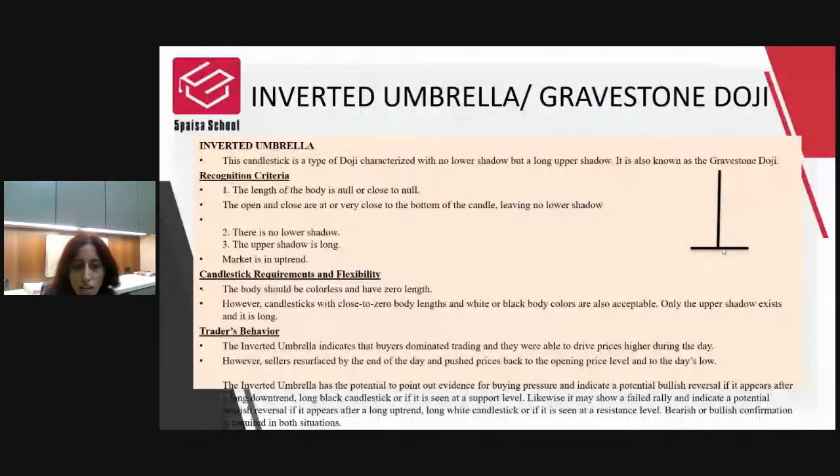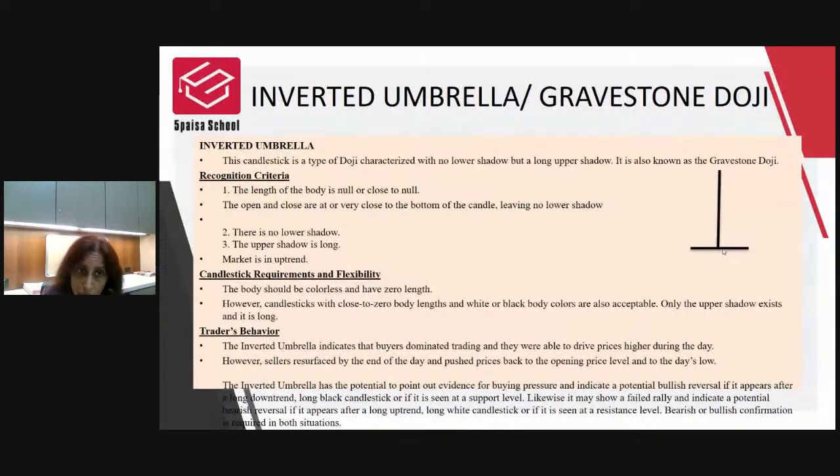So an inverted umbrella has the potential to point out evidence for buying pressure and indicate a potential bullish reversal if it appears after a long downtrend, a long black candlestick or long red candlestick, or if it is seen at a support. Likewise, it may show a failed rally and indicate a potential bearish reversal.